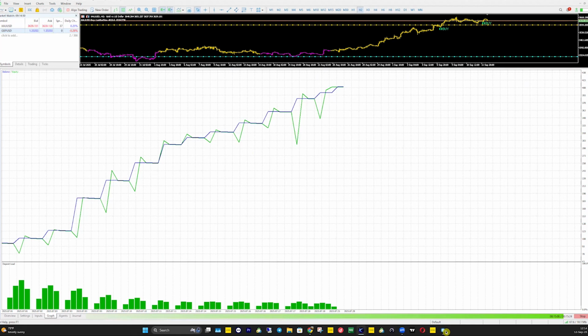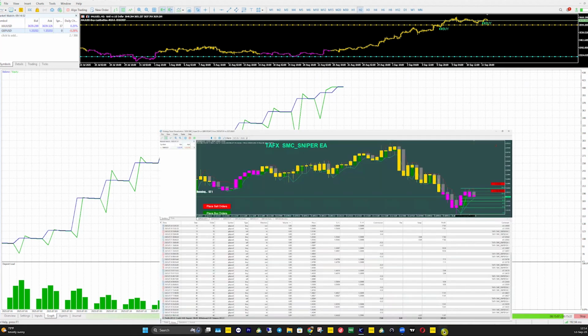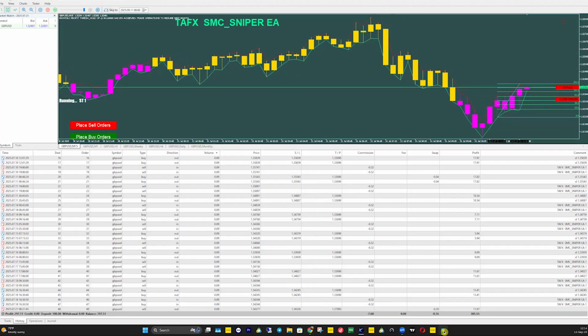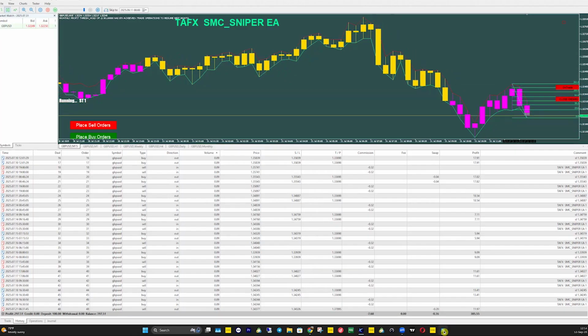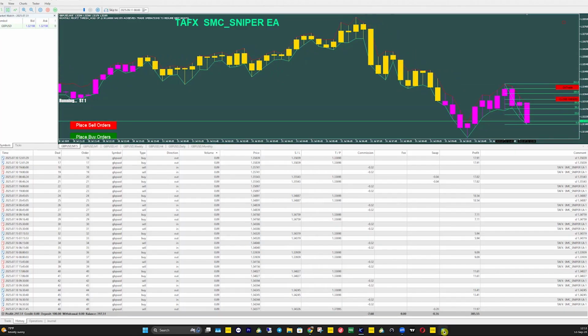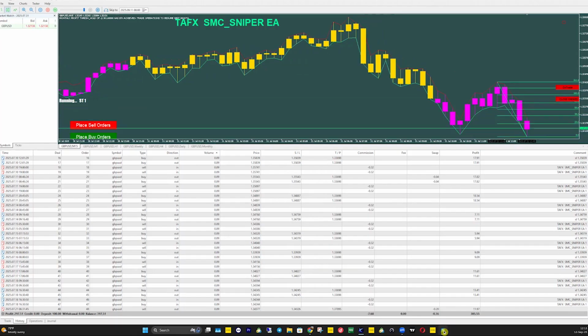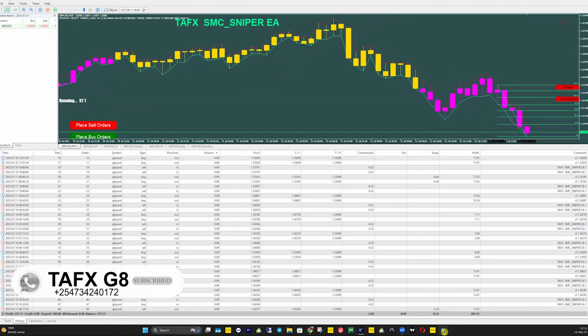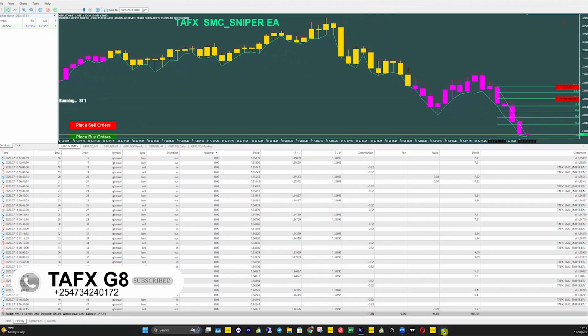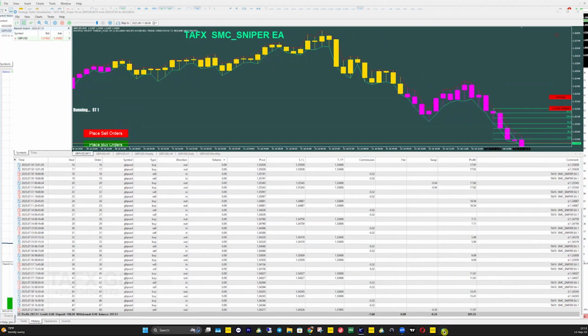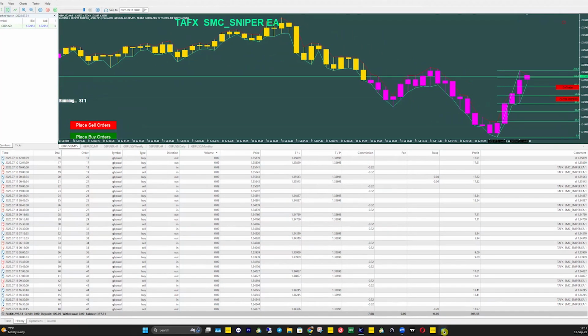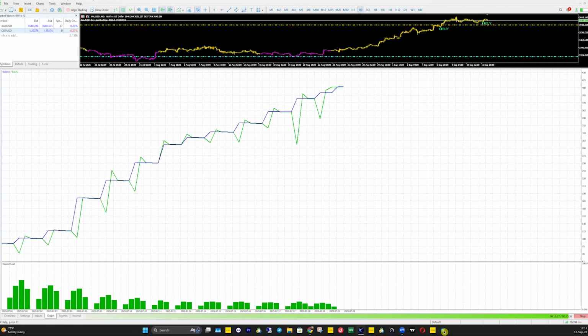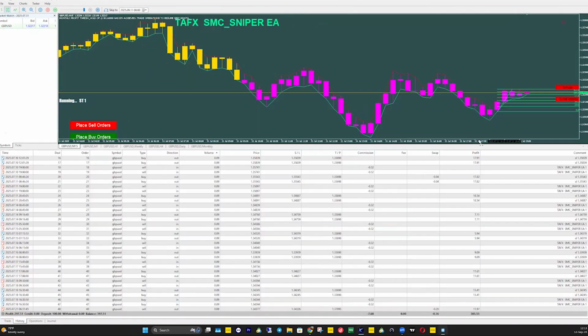That's now the power of SMC Sniper. The combination of SMC Sniper, Fibonacci retracement, and also Supreme A candles, and I think we are almost done now, right? Almost done. Waiting to see, we are already in date 31st.